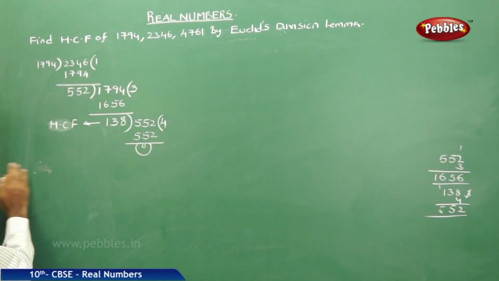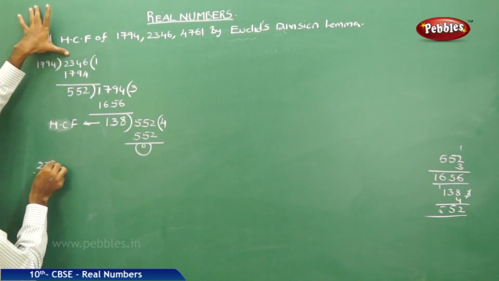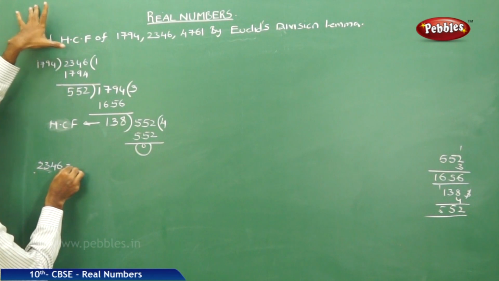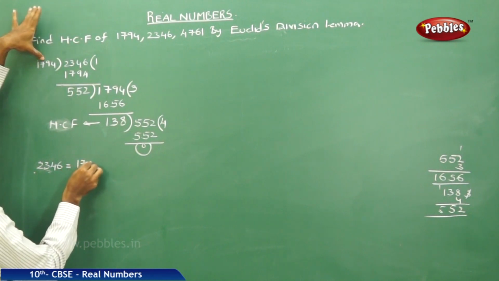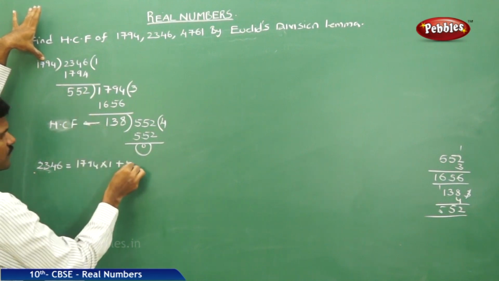Come on, your first dividend 2346 can be broken down into 1794 into 1 plus the remainder 552.